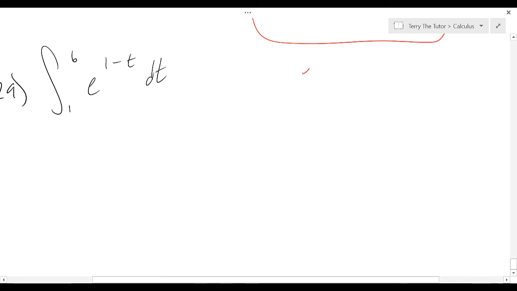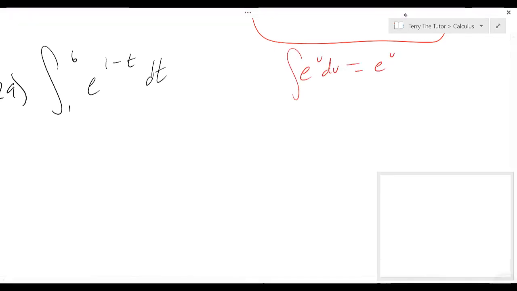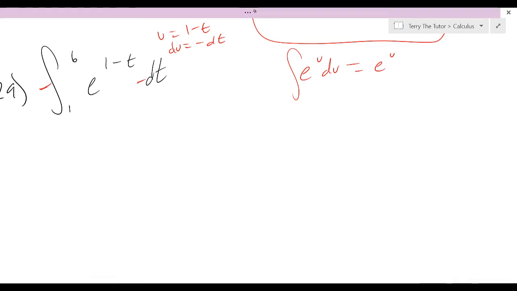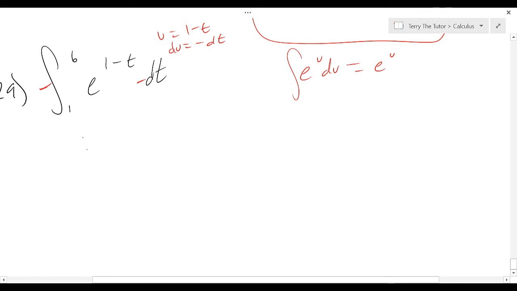This is our e to the u du equals e to the u thing. Let's say u equals 1 minus t. Therefore du equals negative dt. So we've got to put in a negative sign there and a negative sign there to balance it. So we've got the negative integral of e to the u du. That's equal to negative e to the u from 1 to 6.